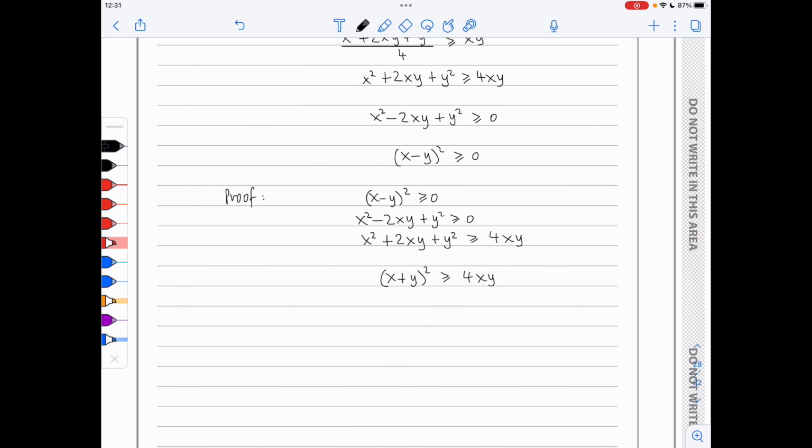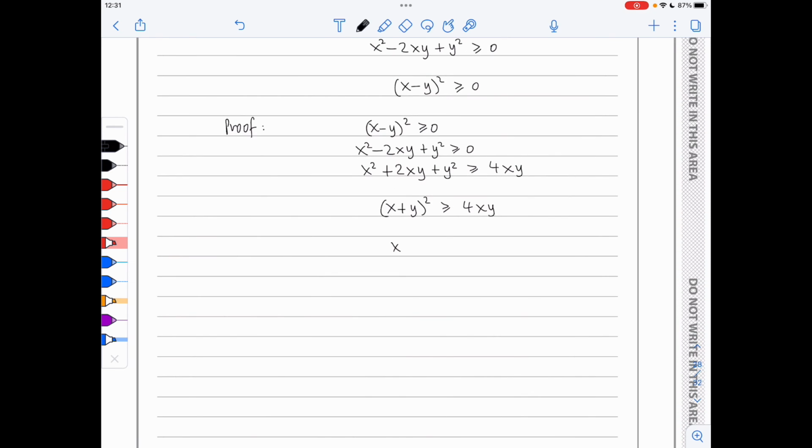So I could now take the square root of both sides. So x plus y is greater than or equal to the square root of 4xy. I need to say here that since x is greater than 0 and y is greater than 0, because both of them are positive, the square root of x plus y all squared is simply x plus y.